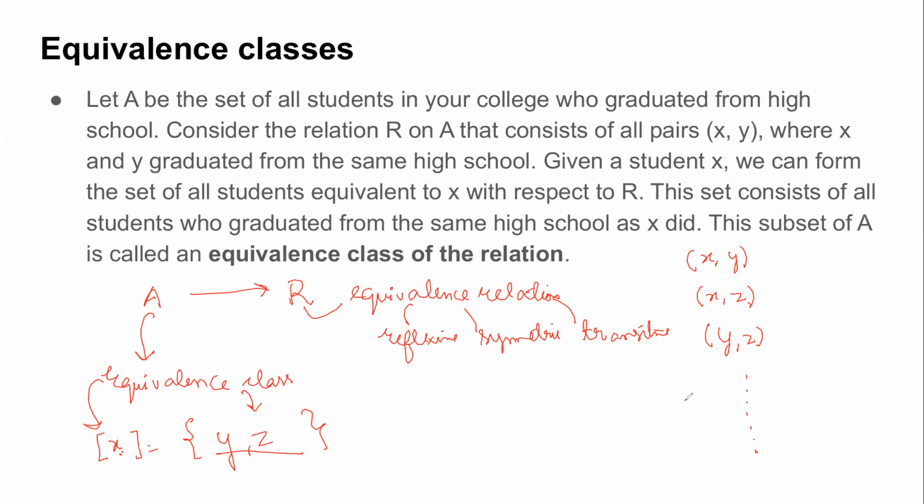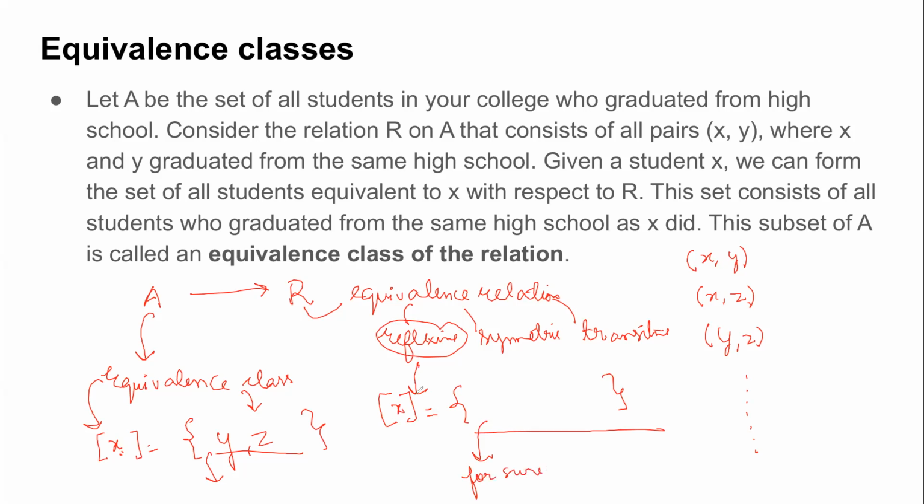Since the relation is reflexive, what are we guaranteed? What is one member which is always present in the equivalence class of X? Even if you don't know the entire relation, there is one element which you know for sure will be there in this set.